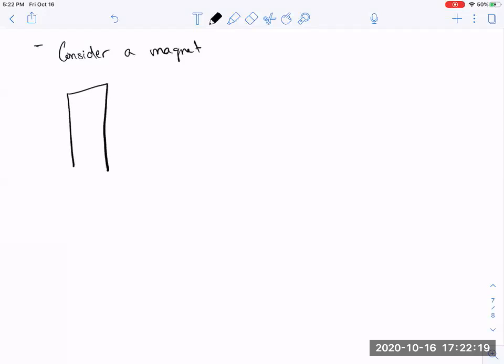Indeed, redrawing that bar magnet we imagined before, some north-south poles, some magnetic moment pointing up, say in the z direction. Bar magnets are typically colored so you know which direction they point. What we really microscopically mean when we have a magnet is that we have magnetic moments, spins, that are all aligned.